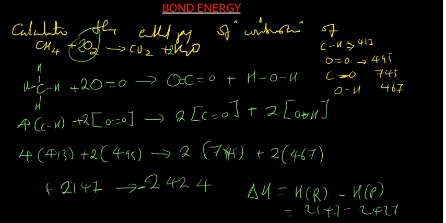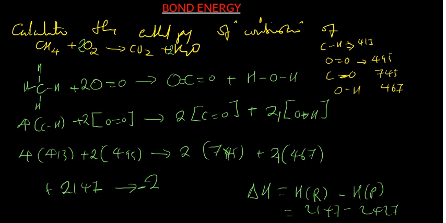Now this bond, oxygen and hydrogen 1, oxygen and hydrogen 2, now 2, and then we have 2 of them, so that makes it now 4. So it was supposed to be a 4 at that point.